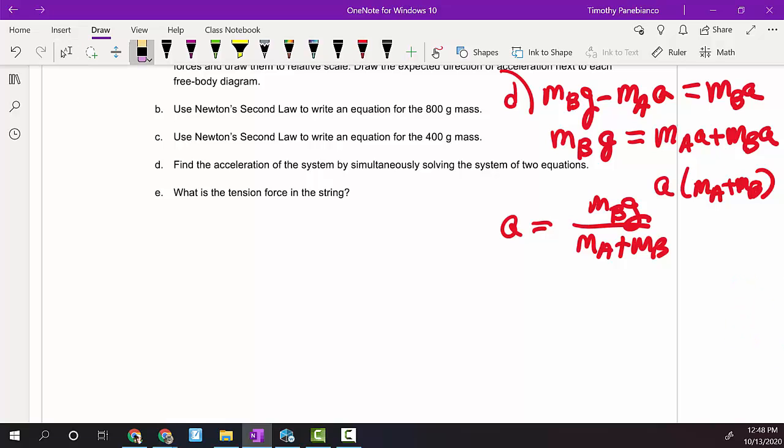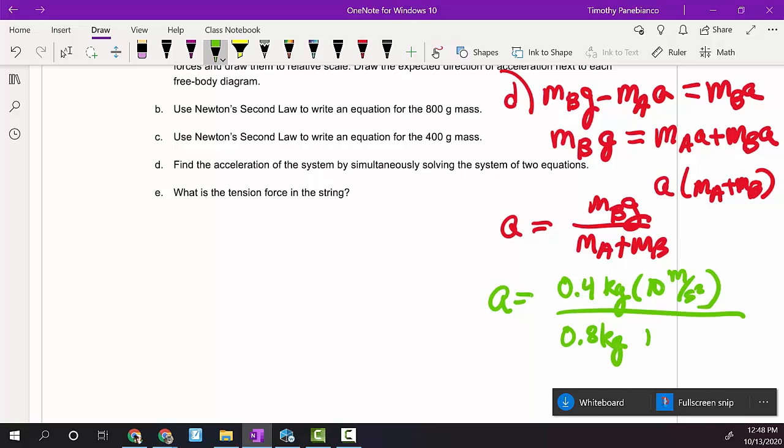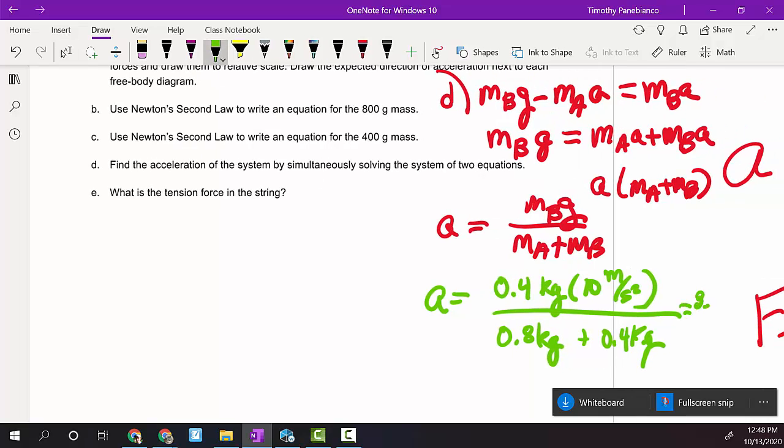Okay, we're going to calculate it using 0.4 kilograms times 10 meters per second squared all over 0.8 kilograms plus 0.4 kilograms. And doing that will get us an acceleration of 3.3 meters per second squared.